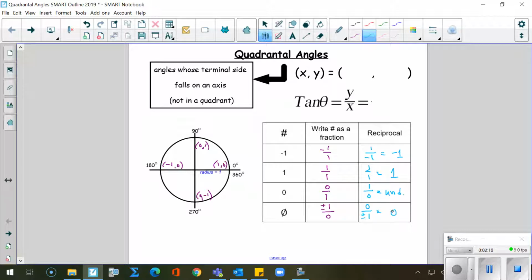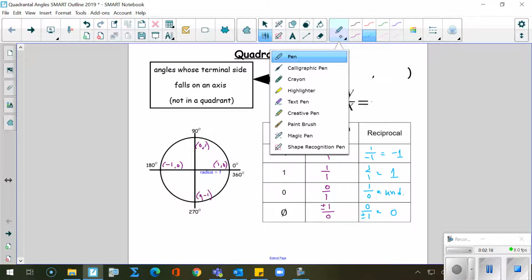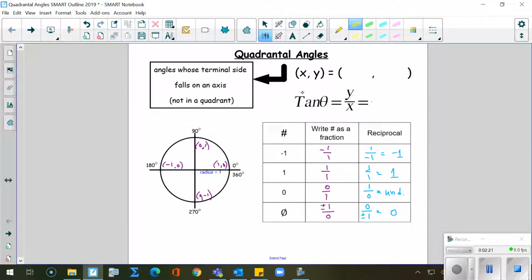So we want to be sure to recall these reciprocals easily as we find reciprocal trig functions at quadrantal angles. The reciprocal of -1 is itself. The reciprocal of 1 is 1. The reciprocal of 0 is undefined, and the reciprocal of undefined is 0.